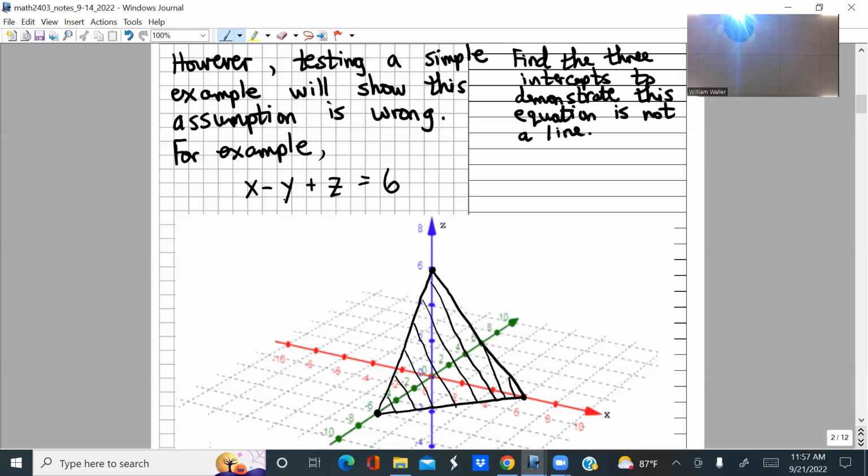To get the x-intercept, set y and z to 0. That would give you x equals 6. There's x equals 6, so I plotted that point. And then for the y-intercept, set x and z to 0, you get minus y equals 6, which means y is minus 6. So I plotted this point down here. That's the y-intercept of the graph of the solutions to this first degree equation in 3 unknowns.